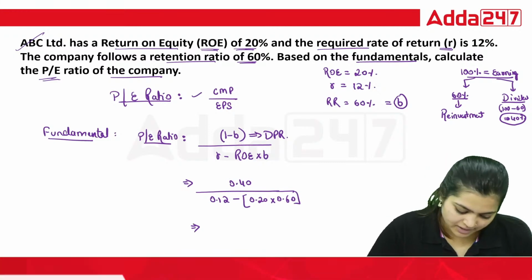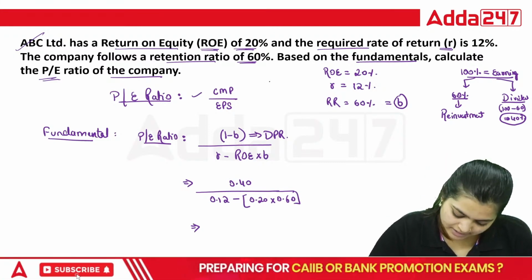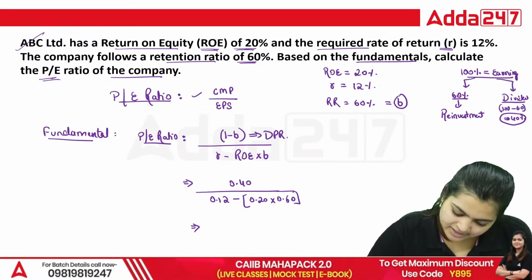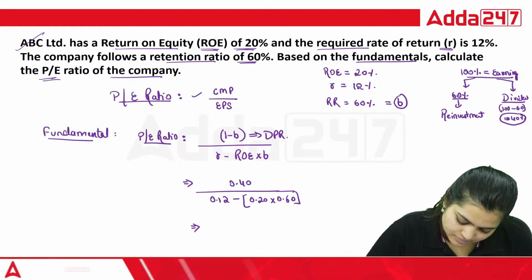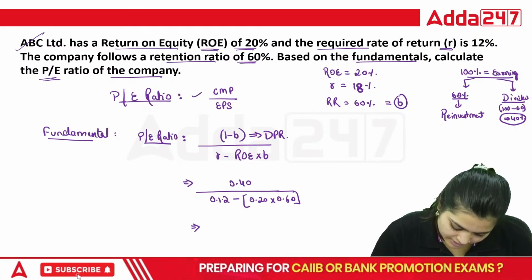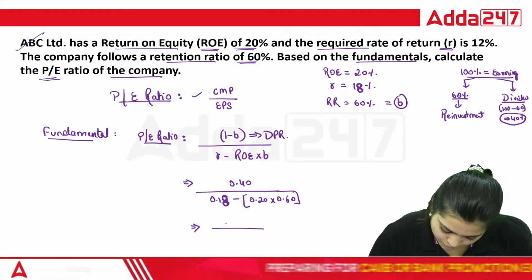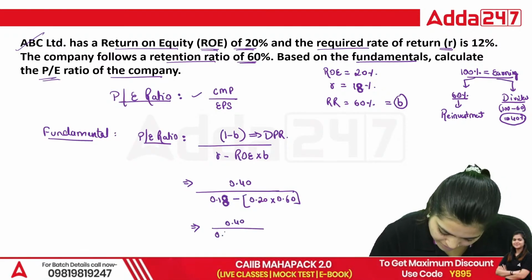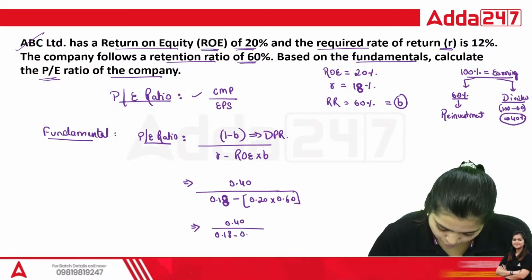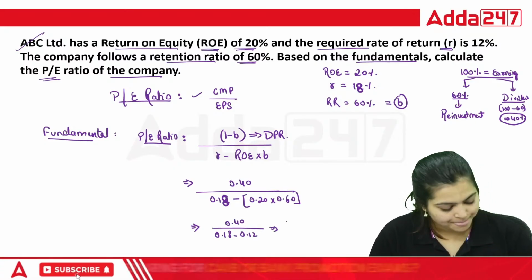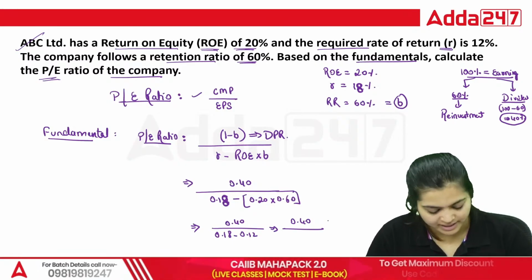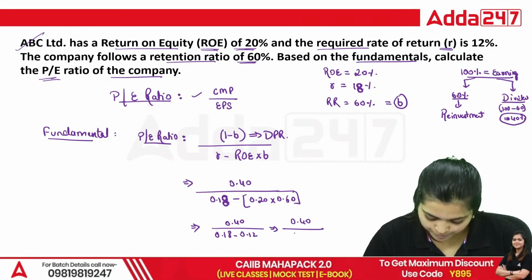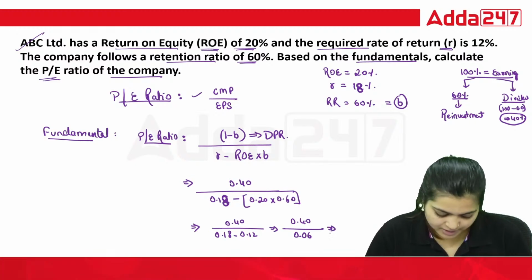Okay, wait. So do one thing, take this required rate as 18%. So 0.40 divided by (0.18 minus 0.12), that is going to be 0.06.